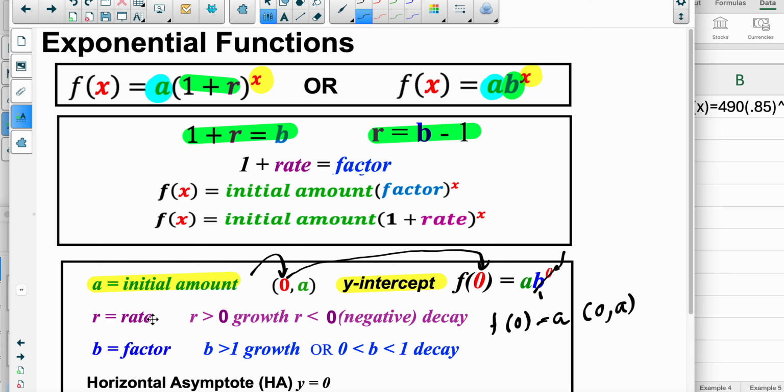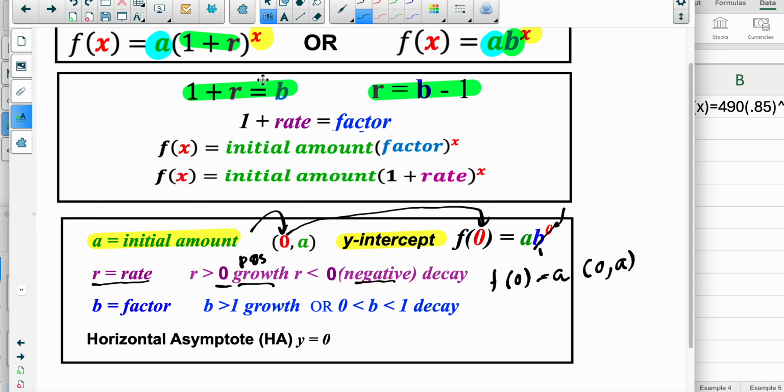When we have exponential functions, they can either be growth functions or decay functions. And if I look at my rate, if the rate is greater than 0, or it's a positive rate, then I have growth. If r is less than 0, or negative, I have decay.